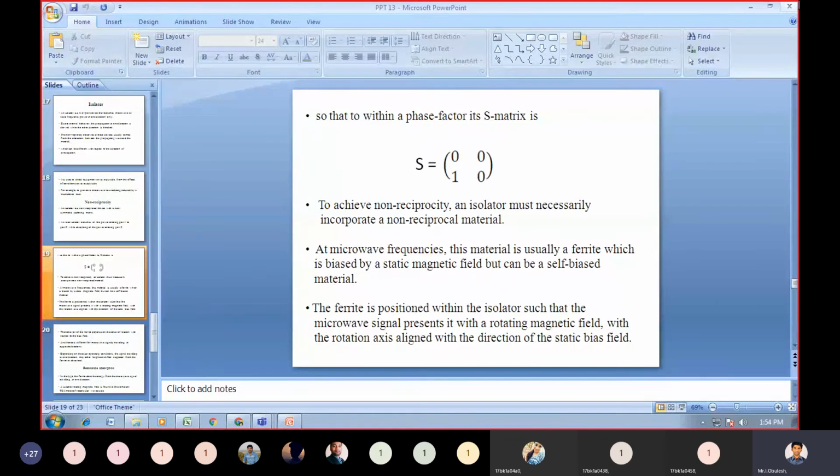To achieve non-reciprocity, an isolator must necessarily incorporate a non-reciprocal material.